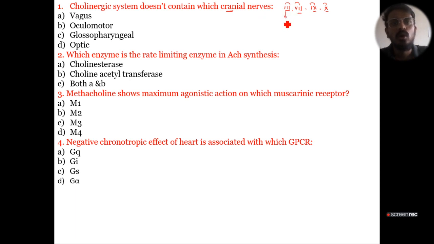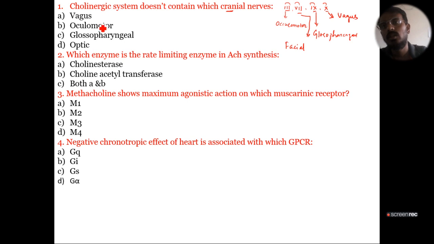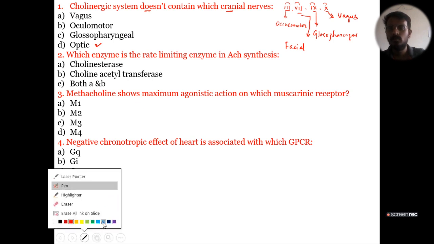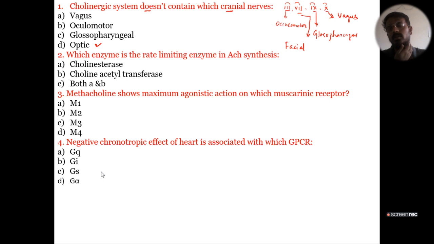The third one is oculomotor. The seventh one is facial. The ninth one is glossopharyngeal. The tenth one is vagus. So here the question asks "does not", so the optic nerve, the second cranial nerve, does not come under the cholinergic system.